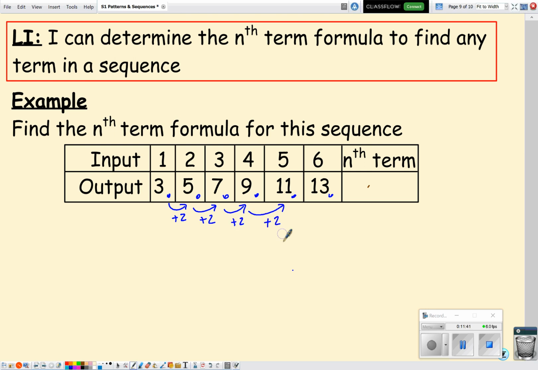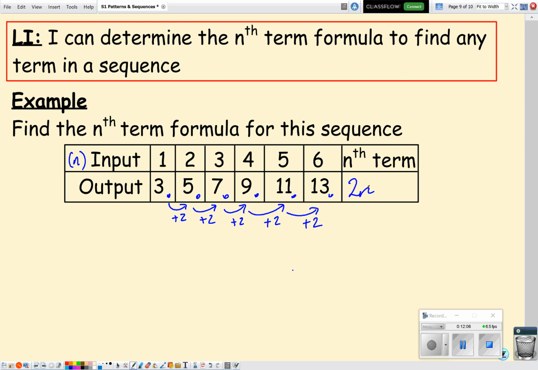So if we're adding 2 each time, then I need the 2 times table, so my multiplier is 2n. Remember, n's the input number. Okay. Now, 3, 5, 7, 9, 11, and 13, how is that in comparison to my multiplier sequence?